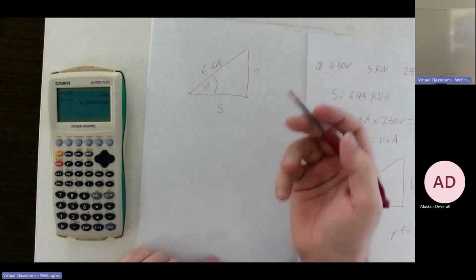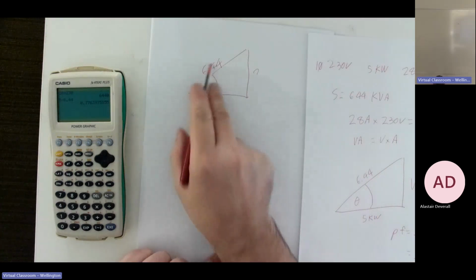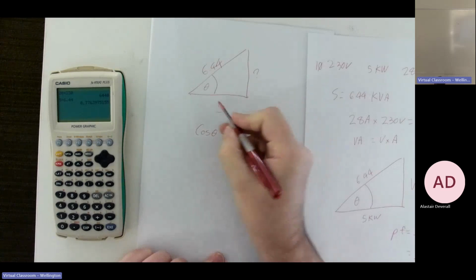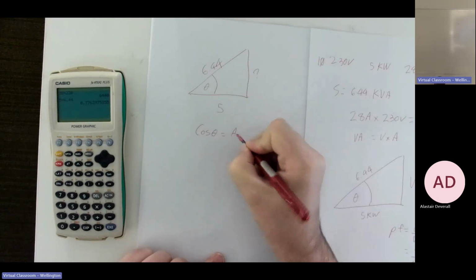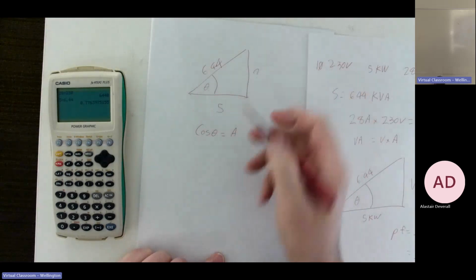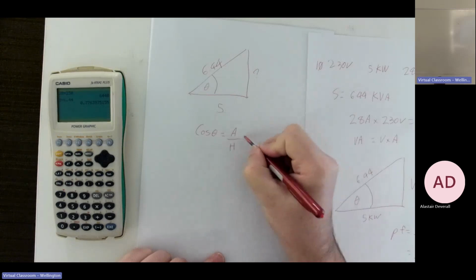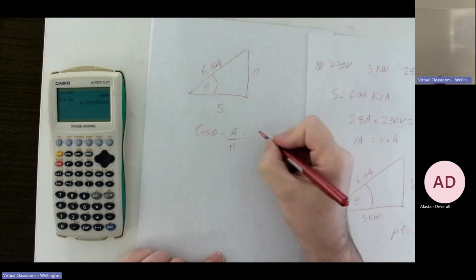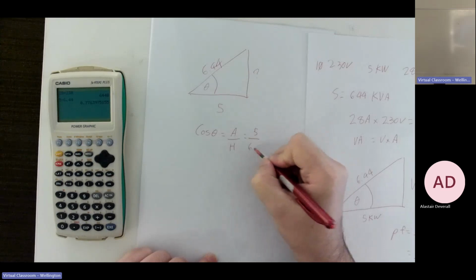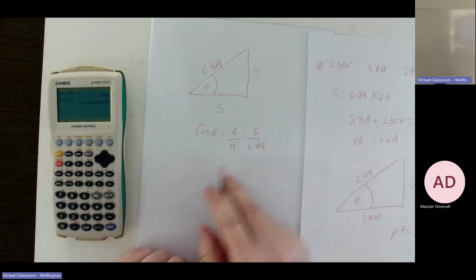So our theta formula, we use A over H, because cos theta equals the adjacent side to the angle, not the opposite, over our hypotenuse. So that equals 5 over 6.44, same thing that it was with our power factor.